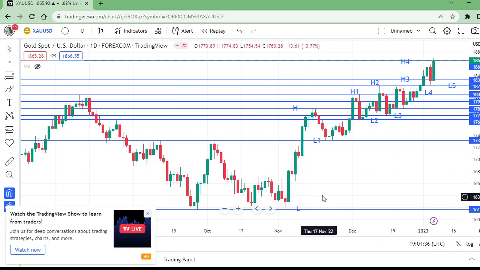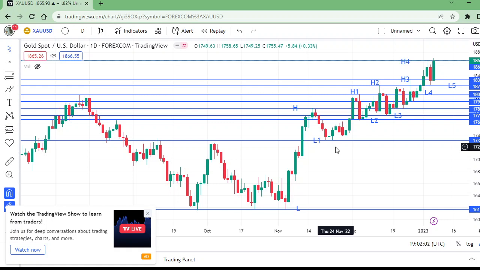Now this was the low of the gold, then market went up for this high, came here for lower. This was high, this was lower high.